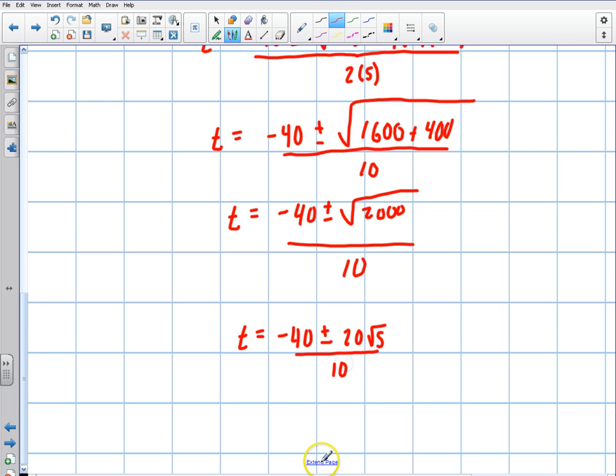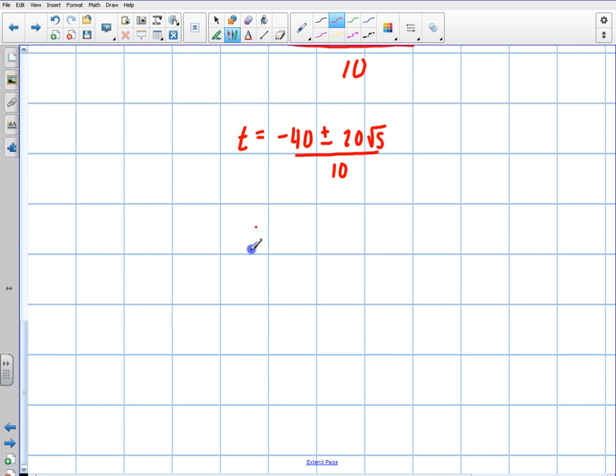Just to simplify that one more step, I'm not trying to make this a math lesson on the quadratic equation, but I can simplify that a little bit further. I can divide everything by 10.